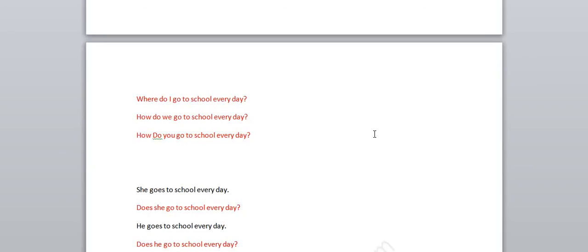Likewise, take a few verbs and try to make 10 examples in simple present tense with 10 different verbs. Try to convert every sentence into questions, whether it belongs to do or to does, based on the conditions which I explained.